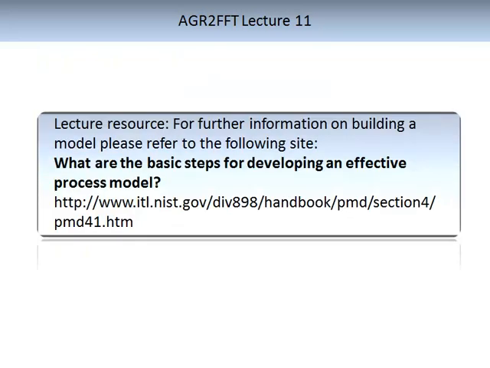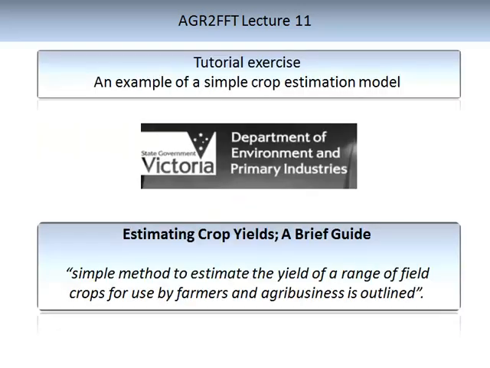To learn more about the steps in developing a model, please refer to the following website. This describes the basic steps and includes a very informative flowchart that will enable you to see the simple steps that are required. After this lecture, you will be required to complete the tutorial exercise that is associated with this topic.